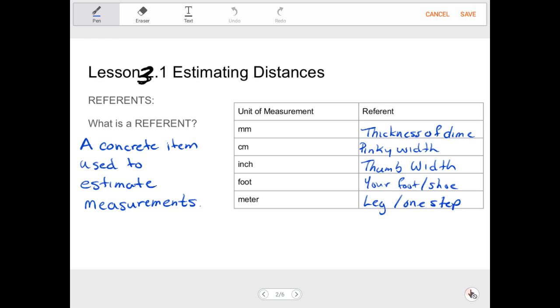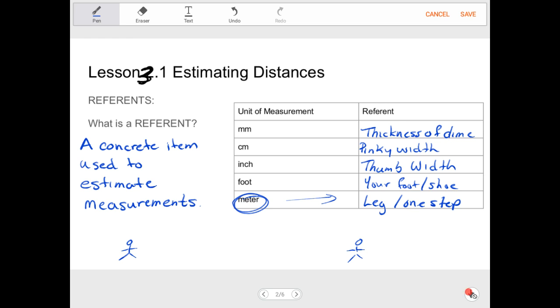So for example, let's say you want to figure out the distance between two people standing on a field. Let's say one person is here and another person is over here. Take a meter, for example. I'm not saying it's perfect, but a meter is give or take kind of one step.